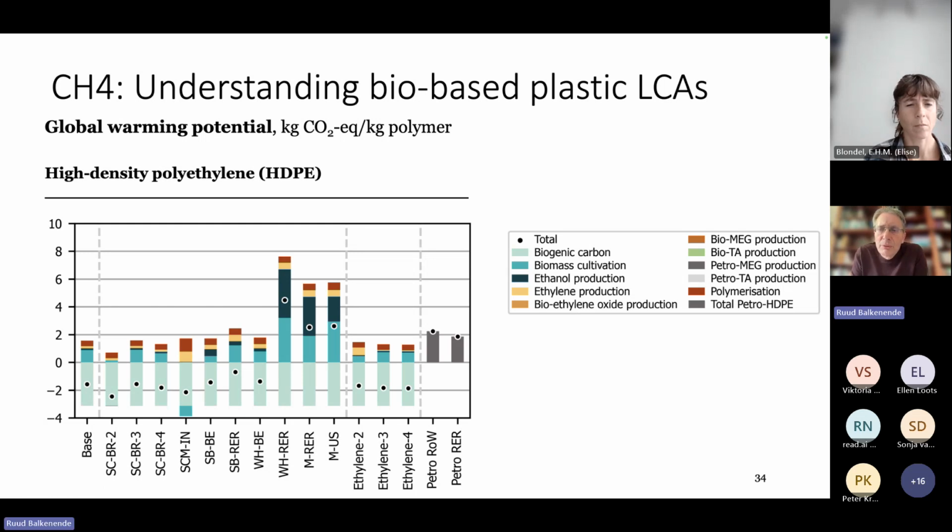The impact is related to the nature of the crop, as said, but also strongly related to the location. So here you see wheat in two different locations, and in one case the net value is negative, in the other case the net value is positive and even far larger than that of the petrochemical plastics.